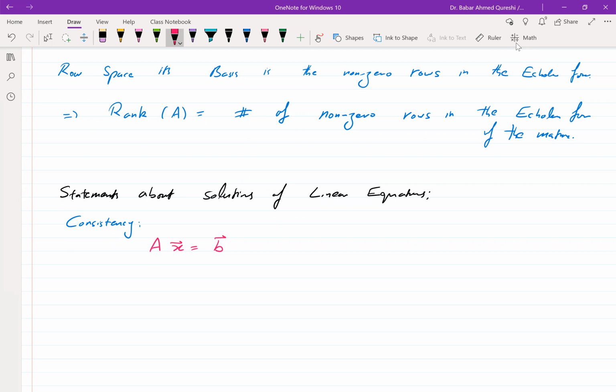So this will be consistent if B is in the column space of A.